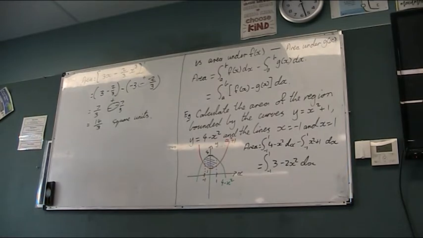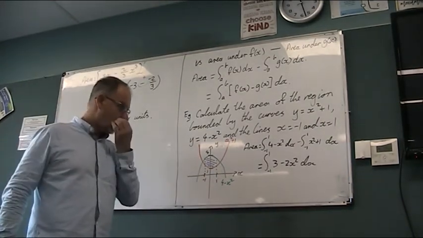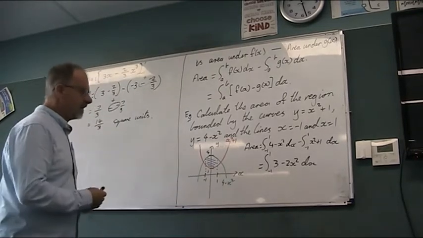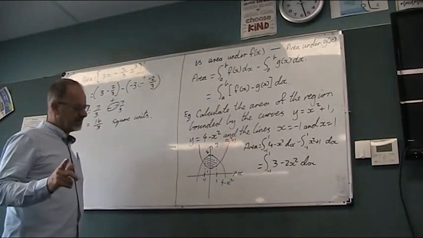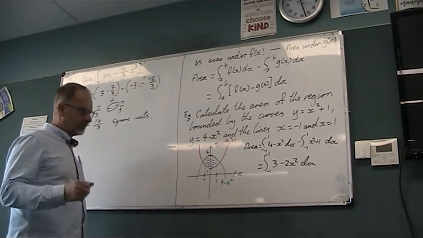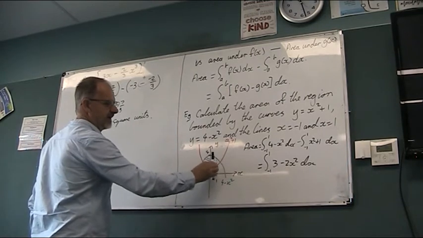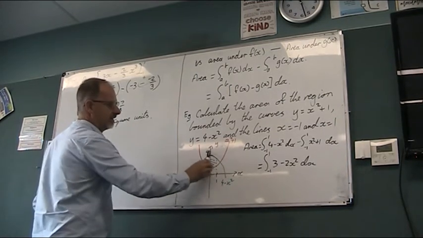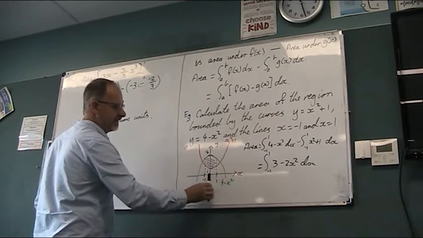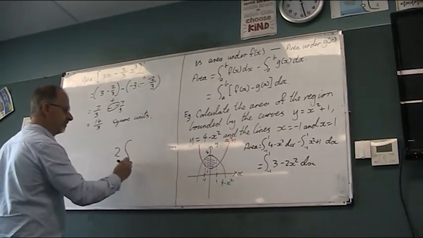Now, just to say something about this particular one that sometimes someone asks me about, and sometimes you might see in worked solutions, because this is symmetrical about the y-axis, sometimes you might see two lots of the integral from 0 to 1.